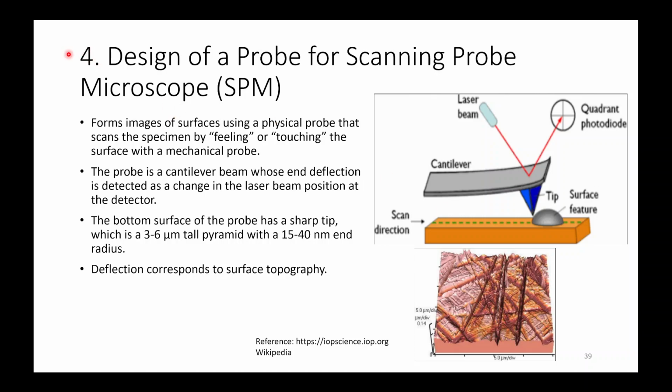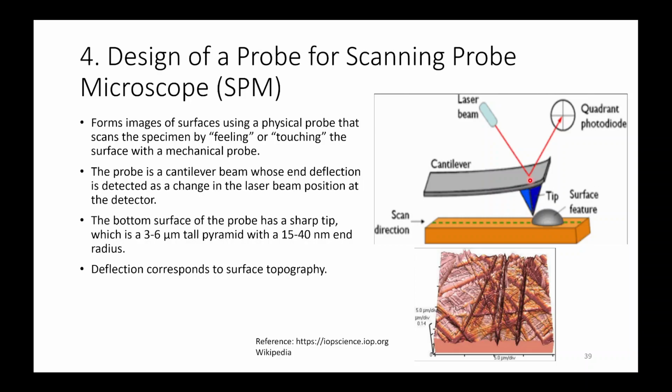Now the fourth and last example is design of a probe for a scanning probe microscope. Now this is what your scanning probe microscope looks like. In this, this is a cantilever beam and this is the tip. Now this tip is scanned on this surface, in this direction, so this is a surface feature. So this tip will try to deflect because there is this feature.